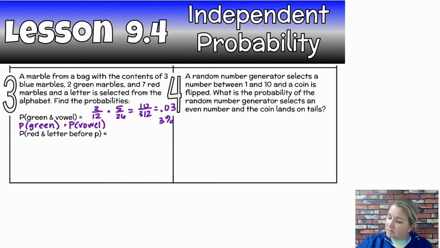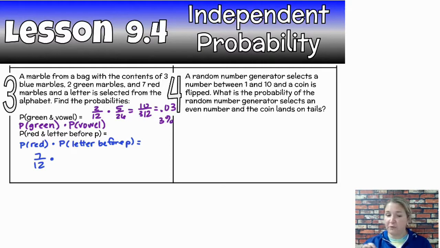Now let's look at the probability of selecting a red marble and a letter before P. So I'm going to find the probability of selecting a red marble times the probability of a letter before capital P. The probability of red is 7 red out of 12 total marbles, times the probability of a letter before P. There are 15 letters before P, so that's 15 out of 26.